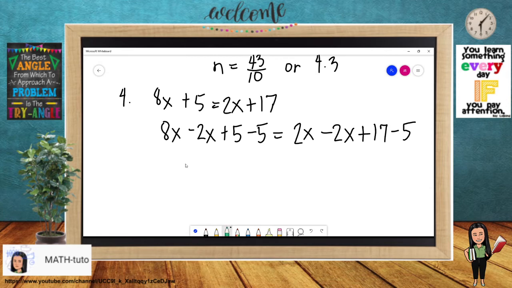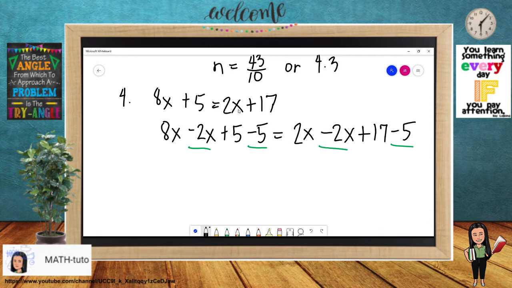Lagyan natin ng underline yung hindi part ng original equation para mas makita nyo yung ginawa natin. Okay. So, again, we added or subtracted 2x to both sides of the equation to remove 2x here on the right.